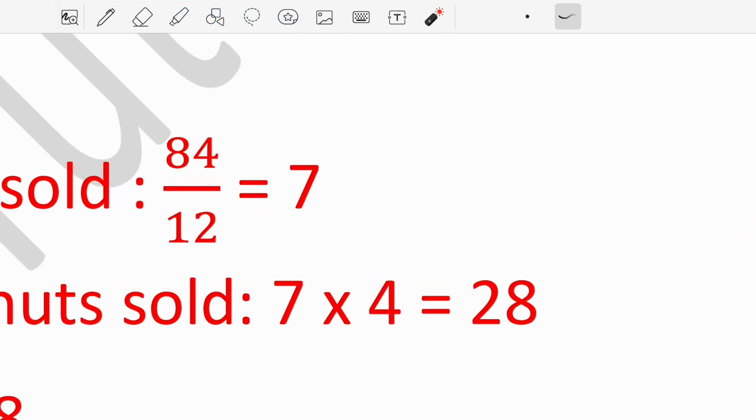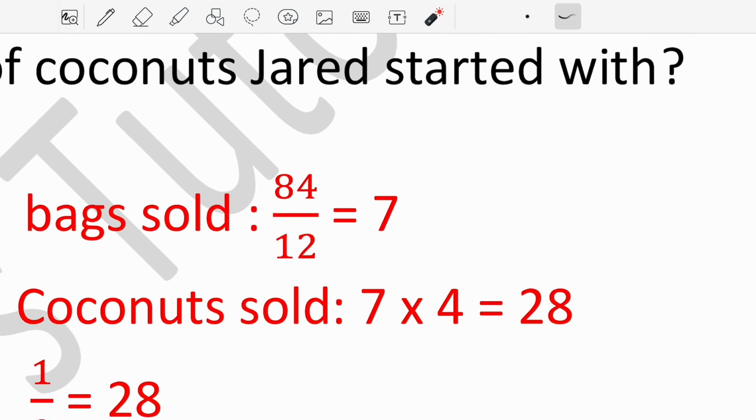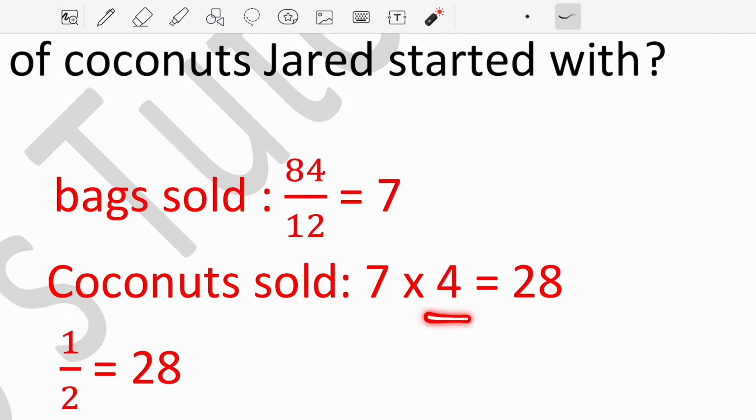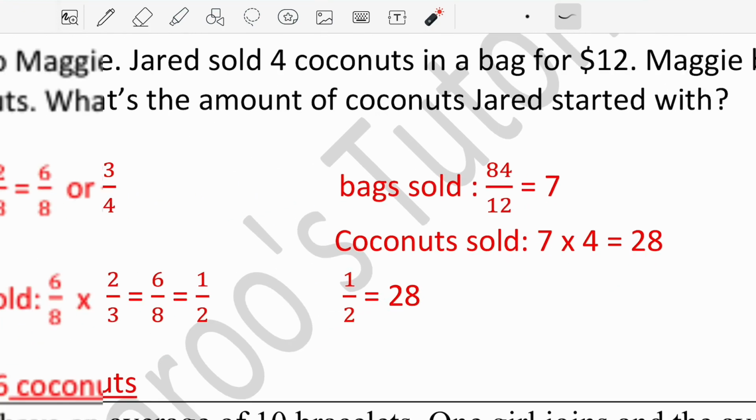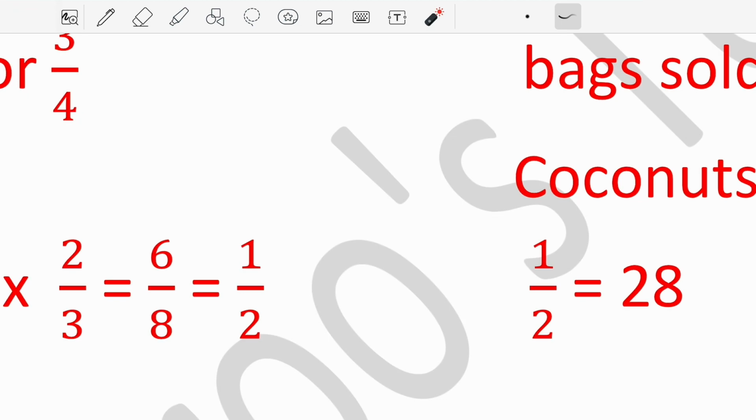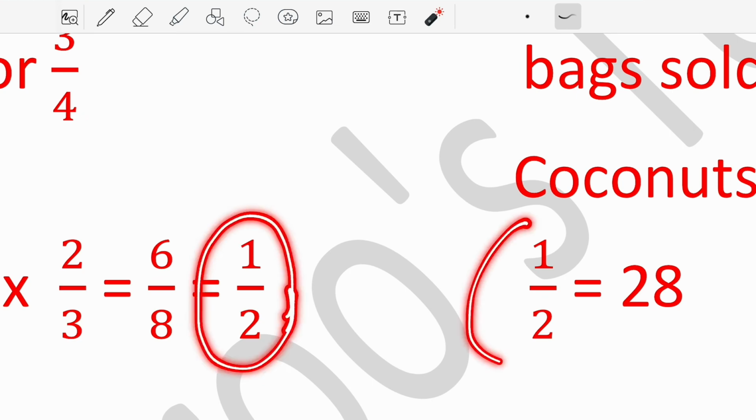So $84, and it's $12 for a bag, so that's 7 bags, right? And each bag have 4 in it, so 7 times 4 is 28, right? But we know from here that the total amount sold was half, or the fraction sold was half, and that is equal to 28.